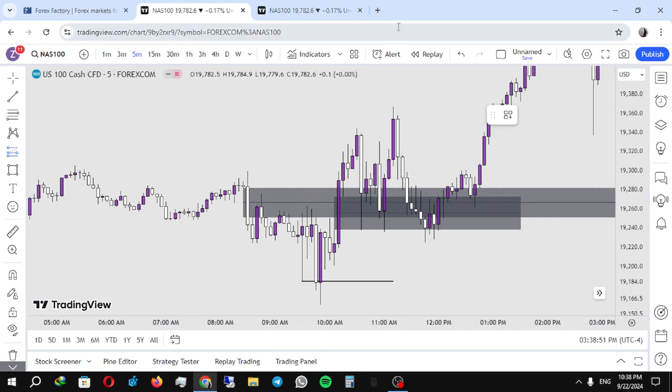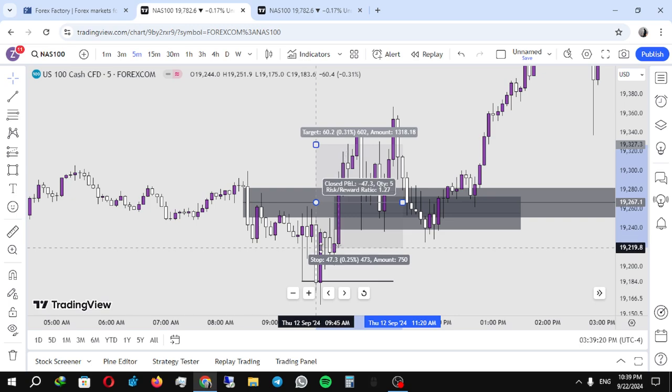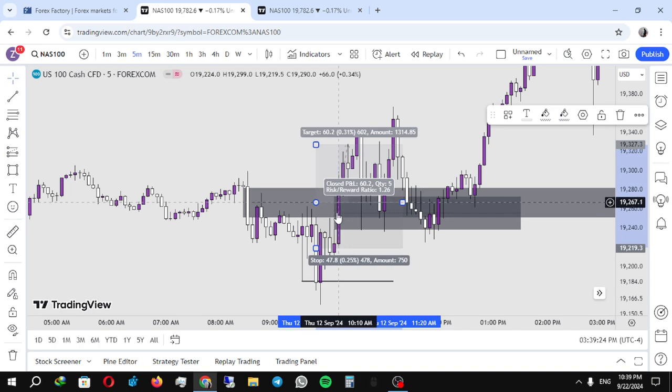Michael and the 2024 mentorship have concluded that the best buys and the best sells are going to occur at the 0.5 of these efficiencies. So you have two choices. You either place a buy limit right here, and your stop would be at the low of the second candle of that fair value gap.